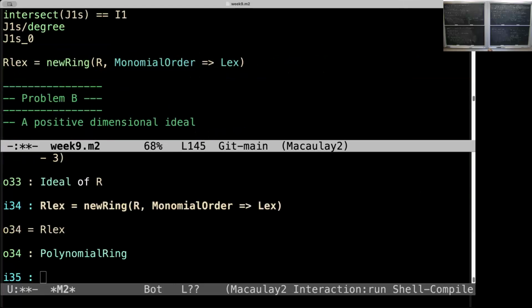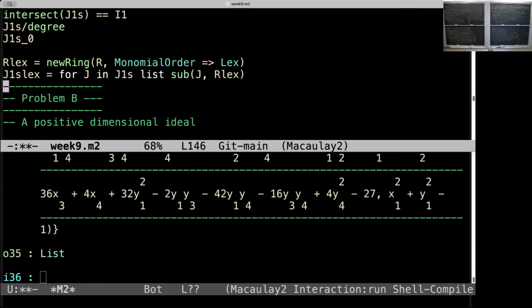And now I'm going to do for J in J1s, I'm going to substitute J into Rlex. And I'll call this J1s Lex. I'm really awful at naming things. So if we do that, we get all these ideals.